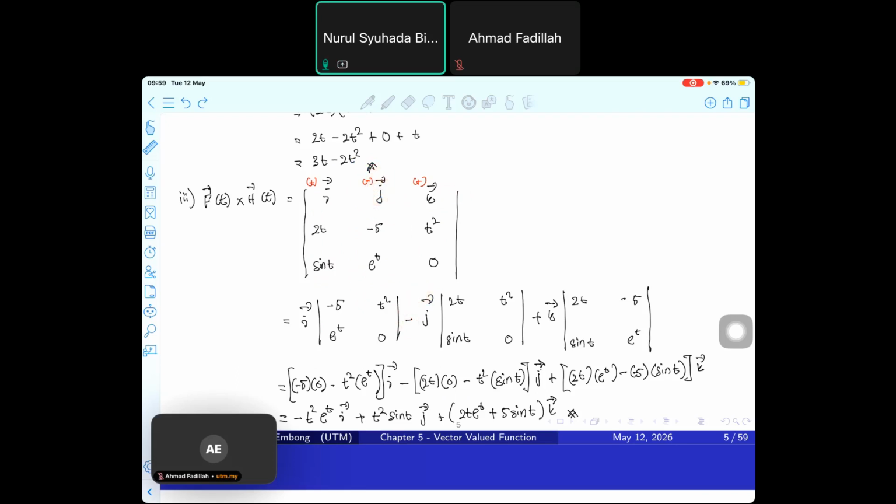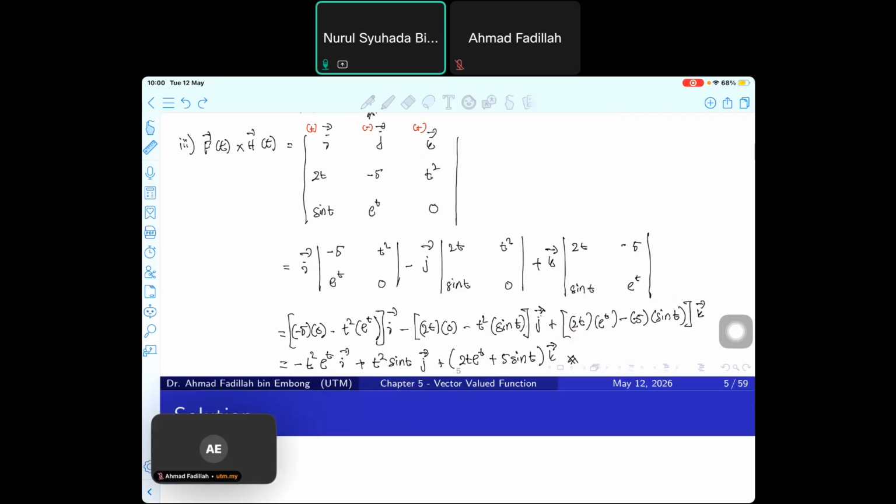If we are taking j now, we need to close the second column and the first row. So we only have 2t, t squared, sine t, and 0, which is our matrix. Same process: taking the positive, here we have positive, and copy the k. We need to close the third column with the first row, so we have this matrix.